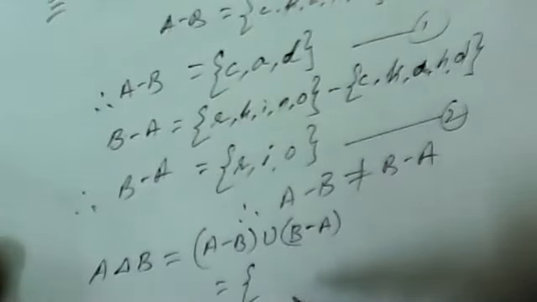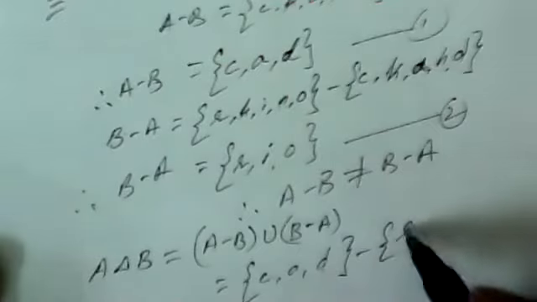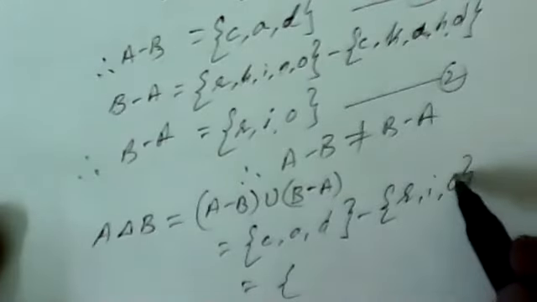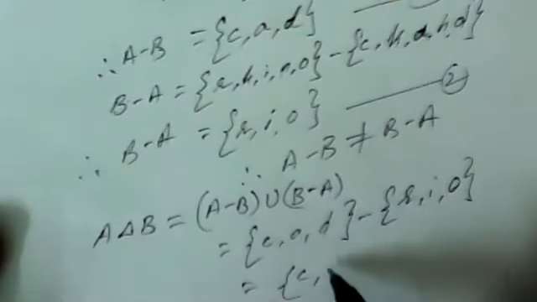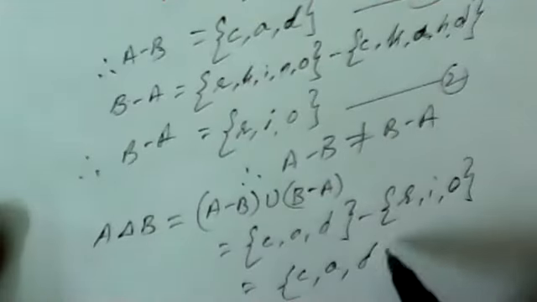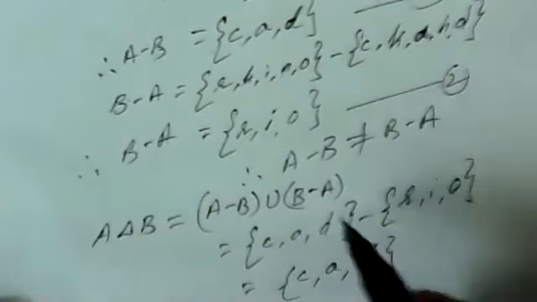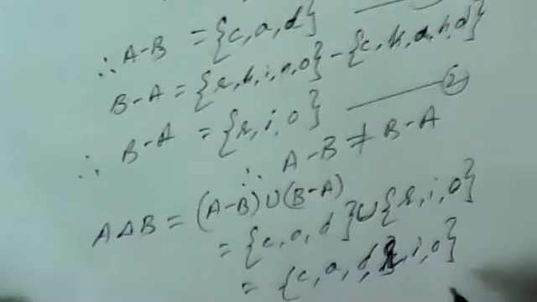The set we got is C, A, D. So we take C, A, D, union B minus A, which is R, I, O. So we write all these elements: C, A, D, R, I, O.